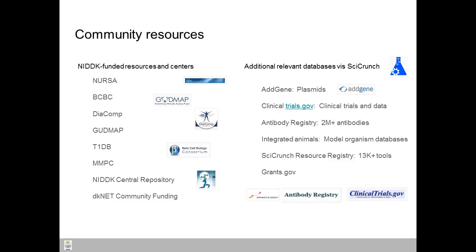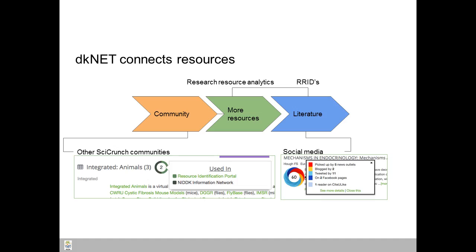And then there are additional community-contributed data sources such as the antibody registry, grants.gov, clinicaltrials.gov, which are brought into these community resources, but were actually brought in via other communities. So it allows us to leverage work across multiple communities in terms of curating and working on these different resources.